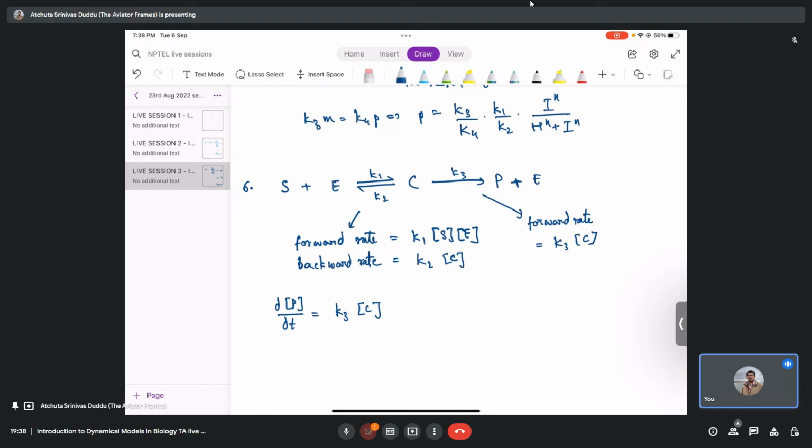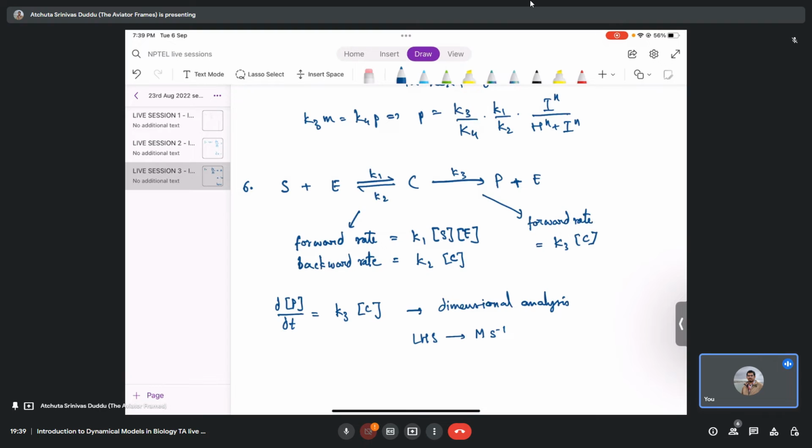Since the only source of product formation is from C and there is no reverse rate for it, it's only k3 times C. Now if we go for dimensional analysis here, we have the LHS dimensions as dP/dt, which is molar, since we take concentration in terms of molars, times second inverse, that is inverse time.